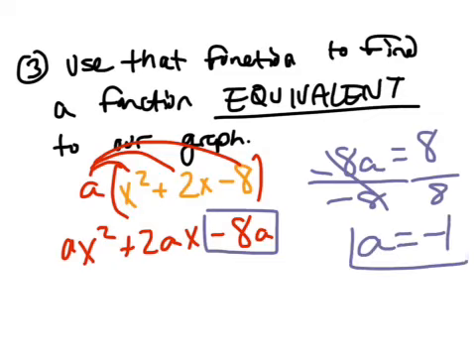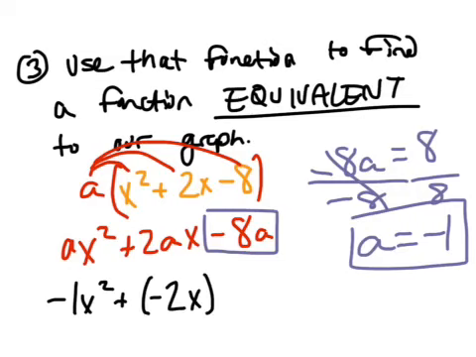So now we know what a is as well, and through finding a, it's also going to help us identify what b is supposed to be. So negative 1x squared plus, well, 2a, 2 times negative 1 is negative 2, so negative 2x, and then negative 8 times a, negative 8 times negative 1, is positive 8.